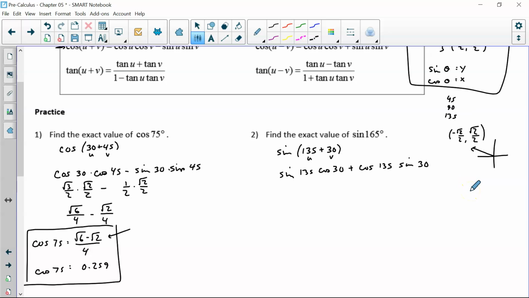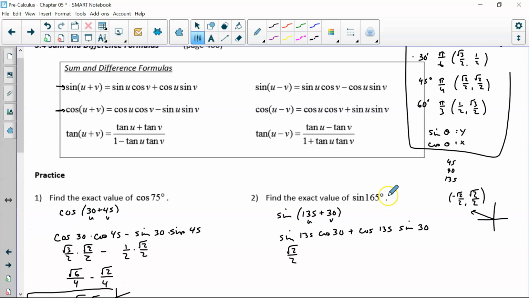So for our sine of 135, it's root 2 over 2. The cosine of 30 is root 3 over 2. Plus the cosine of 135, that's negative root 2 over 2. And the sine of 30 is 1/2.